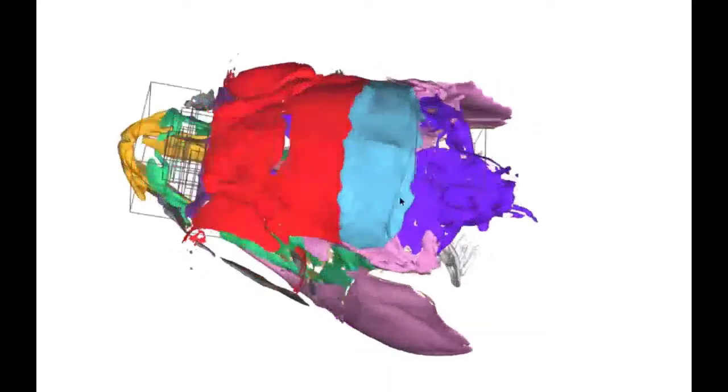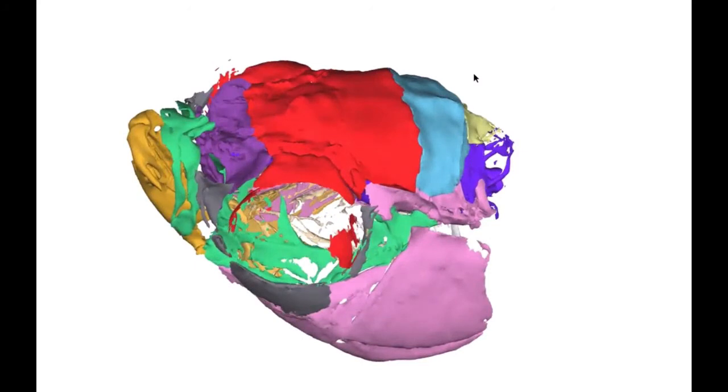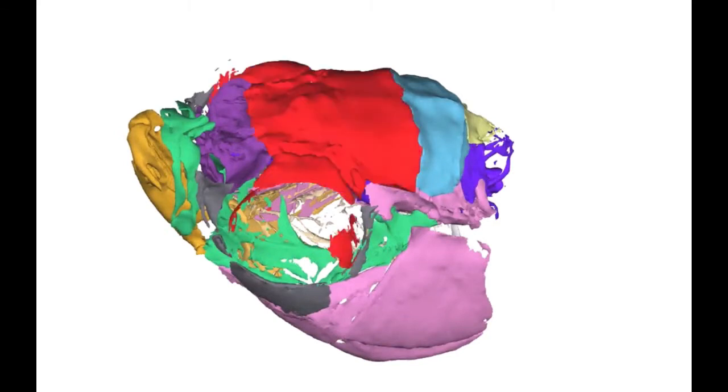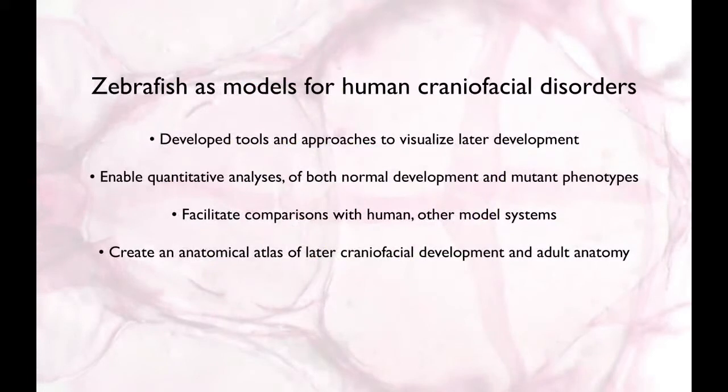As with the confocal models, the image can be freely rotated, and because of the complexity of the anatomy, we grouped related bones together. So an entire group can be controlled with a single button, or individual bones can be controlled separately. And as with the earlier models, these models of the adult anatomy will be available on FaceBase for viewing or for download.